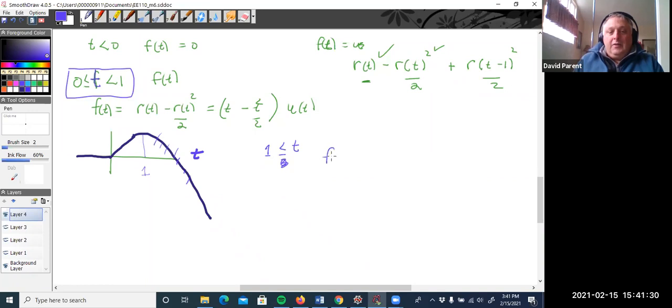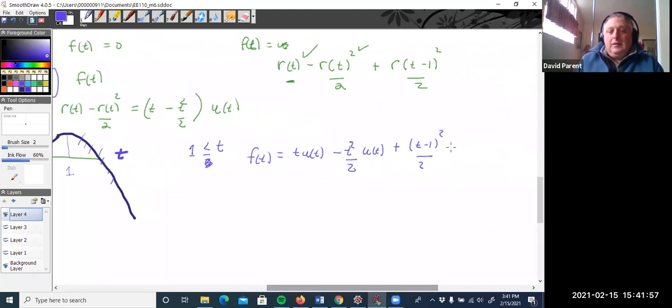So now f(t) is going to equal t u(t) minus t squared divided by 2 u(t) plus (t minus 1) squared over 2. But again, I've said this already, we're only in this area, so I can get rid of all those u(t)s.